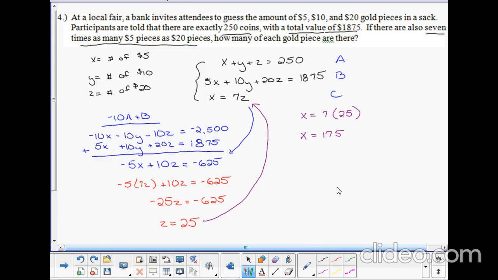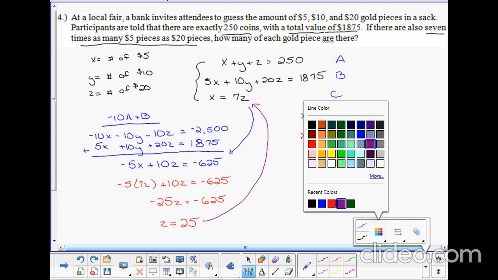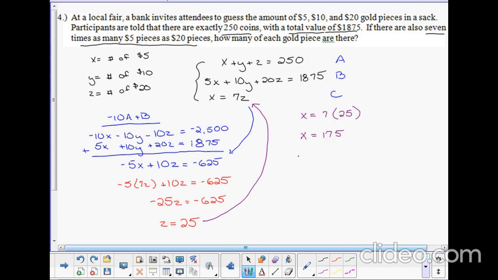Now I can take my solution for z and my solution for x and put them back into the very first equation that I labeled as A to solve for y now. So x is 175, y is unknown, z is 25. That would equal 250. 25 plus 175 is 200. I'd subtract that from both sides to get y equals 50.